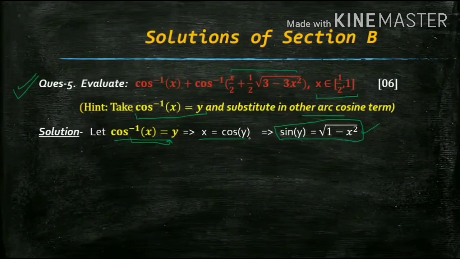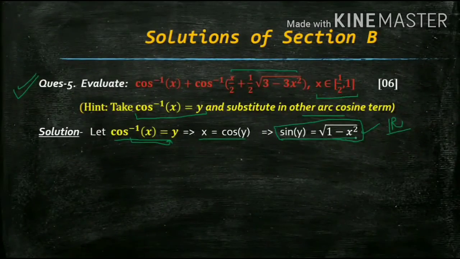So you know that cos y is x, then sine y would be square root of 1 minus cos square y, using the property that sine square plus cos square is 1. You have to give the reasoning over here; I have not given it. That sine square y plus cos square y is 1. So sine y would be square root of 1 minus cos square y, and that is square root of 1 minus x square. That's how I get this.